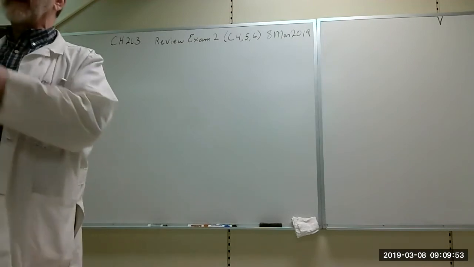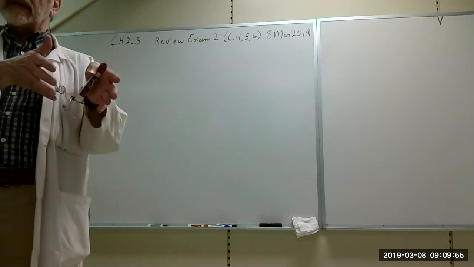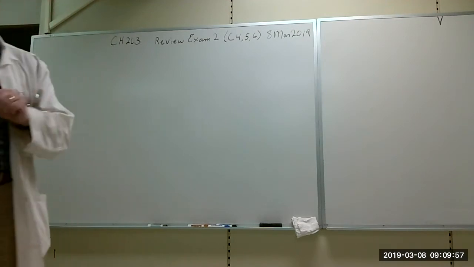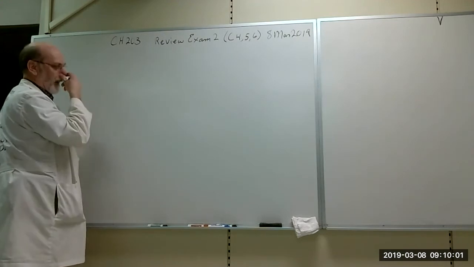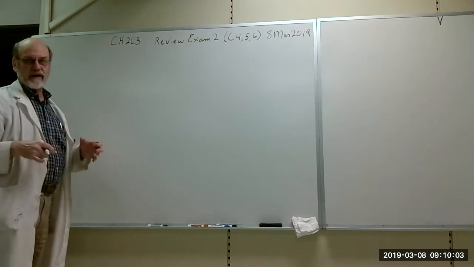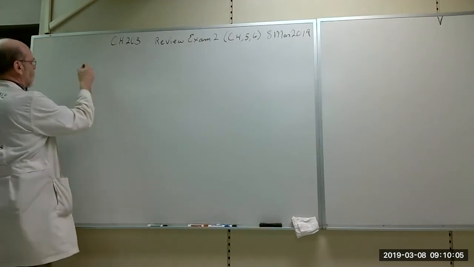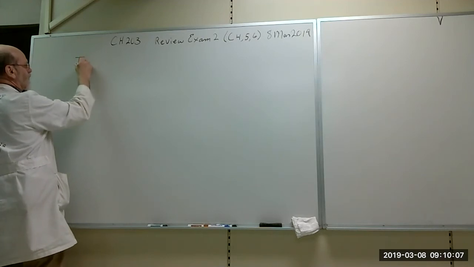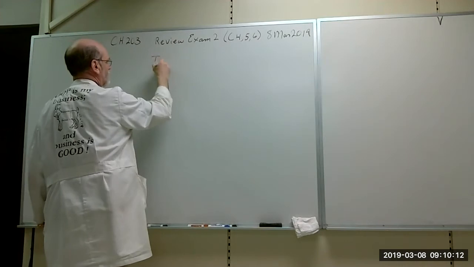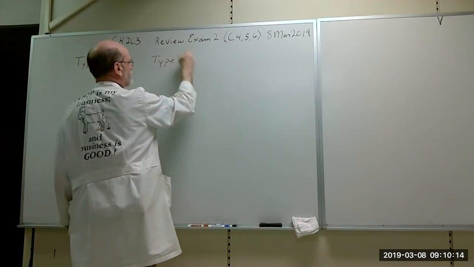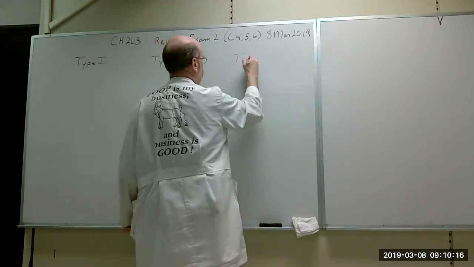You know when to apply type 1, type 2, and type 3? Okay, sure. You want to review that? Yes. Okay. So, the naming convention for binary compounds can be divided into 3 types. Type 1, type 2 and type 3.